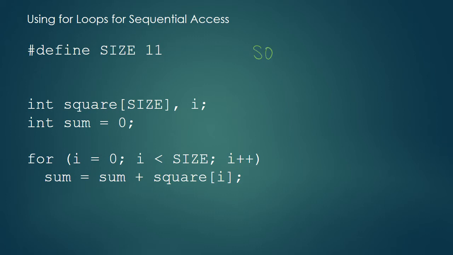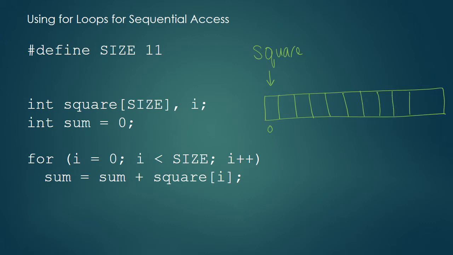To draw a picture of this array, this is element 0, 1, 2, 3, 4, 5, 6, 7, 8, 9, and 10.